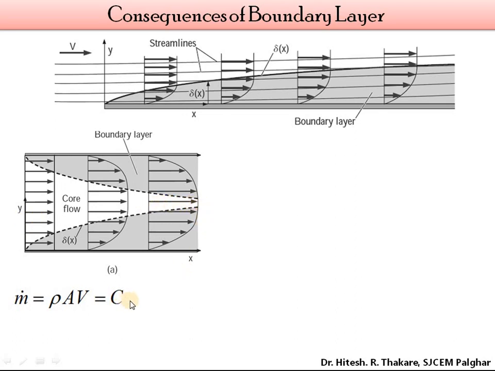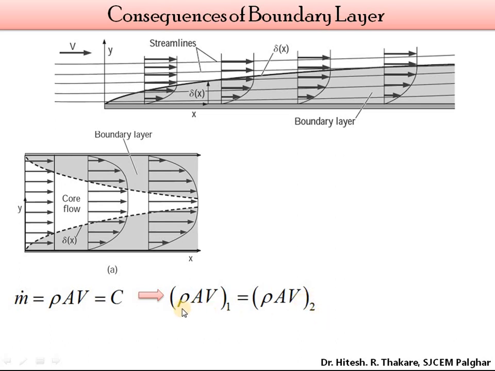Now, what does this constant mean? This constant means that when we apply this continuity equation to two different sections in a pipe, still the product will be a constant, which means the product rho AV at the inlet at point 1 should be equal to the product rho AV at the exit or outlet.